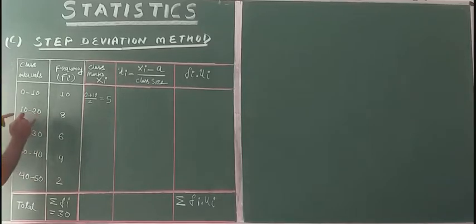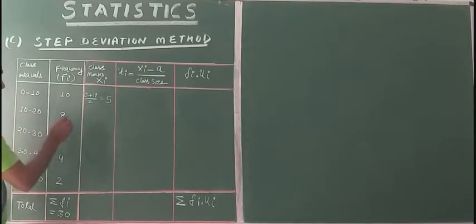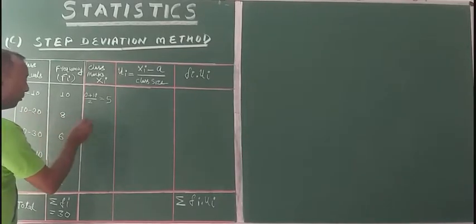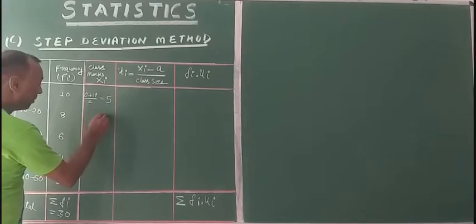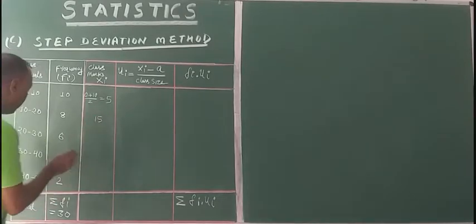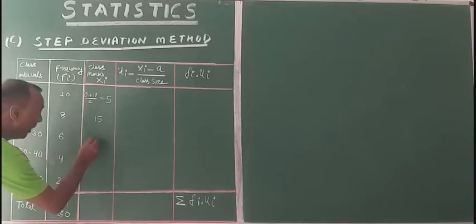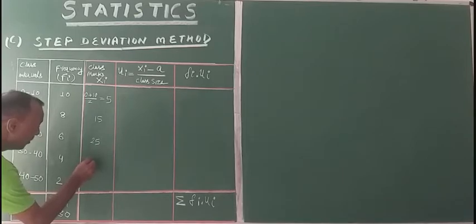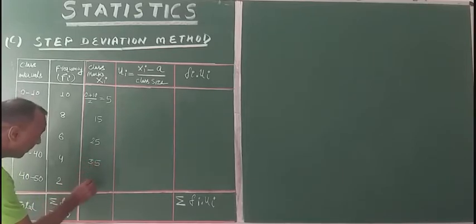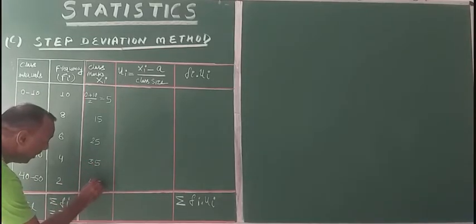Similarly, 10 plus 20 divided by 2 gives 15. Again 20 plus 30 is 50, and 50 upon 2 is 25. This will become 35 and this will become 45.